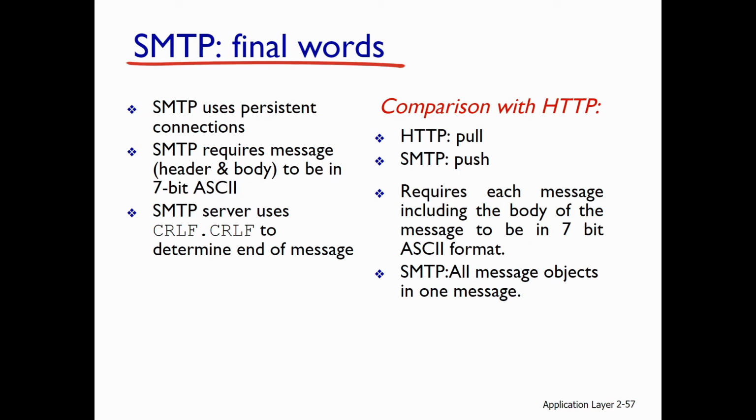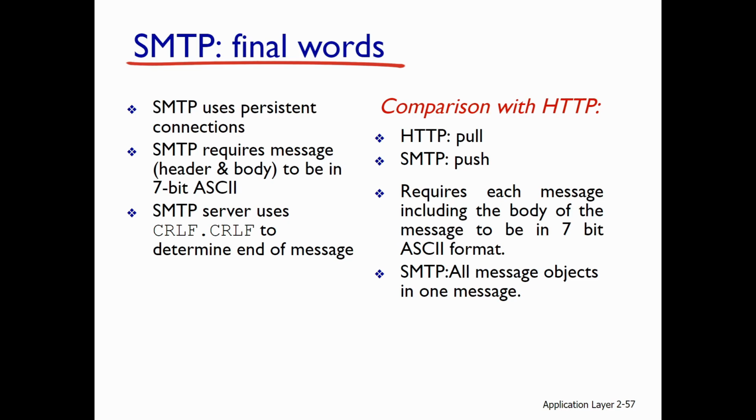Another difference is that SMTP requires each message, including the body of the message, to be in 7-bit ASCII format. That means if a message has some binary data, such as an image file, then it has to be encoded into 7-bit ASCII format, whereas HTTP does not impose this restriction.